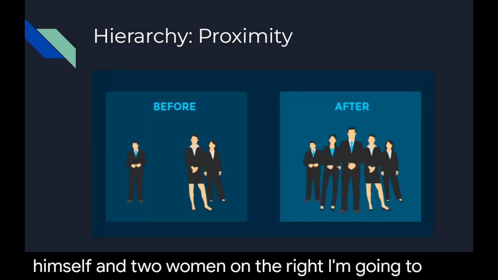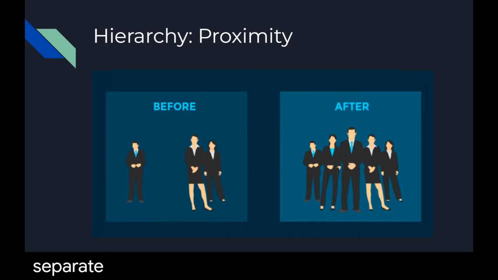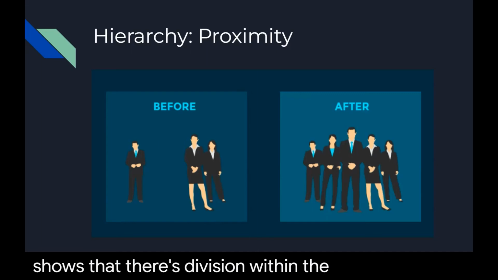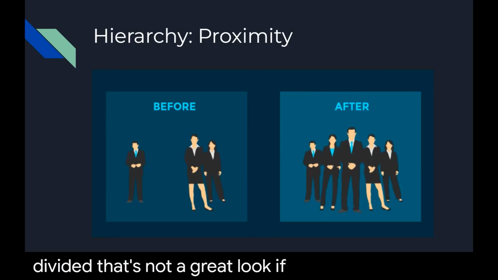I'm going to assume as the viewer that we are meant to have two separate groups. But if you were to be taking a group photo for your company or an advertisement, this shows that there's division within these elements, and therefore I'm going to assume that your team is divided. That's not a great look if you're trying to present yourself as a cohesive unit.